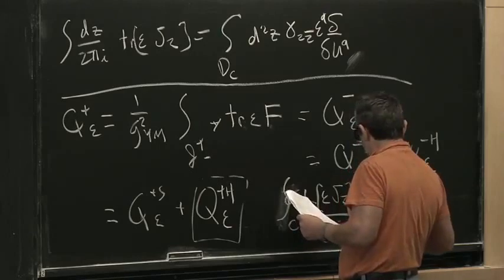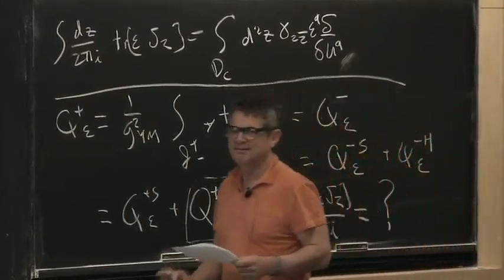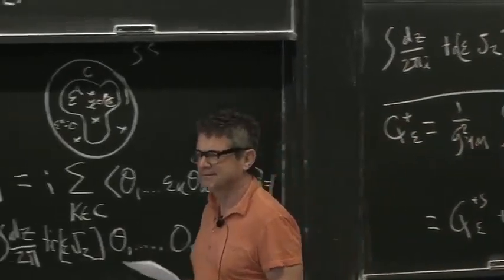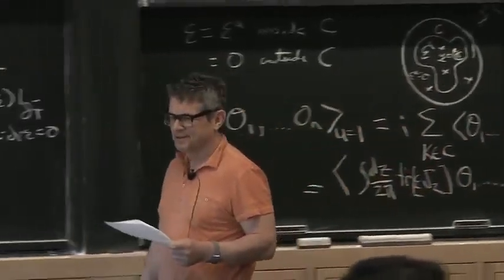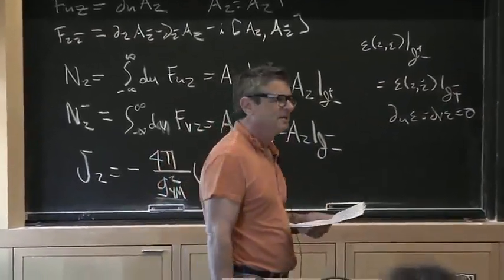What is that equal to in terms of things that I've written on this board? So the answer is very simple, but it's a little confusing at first, so it's good for you to think about it.